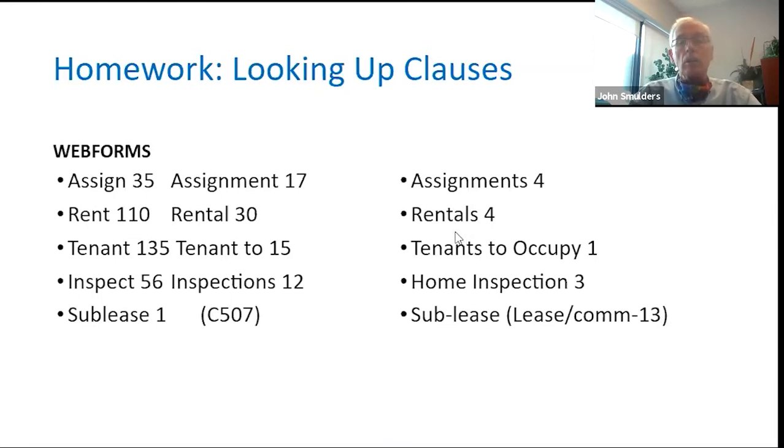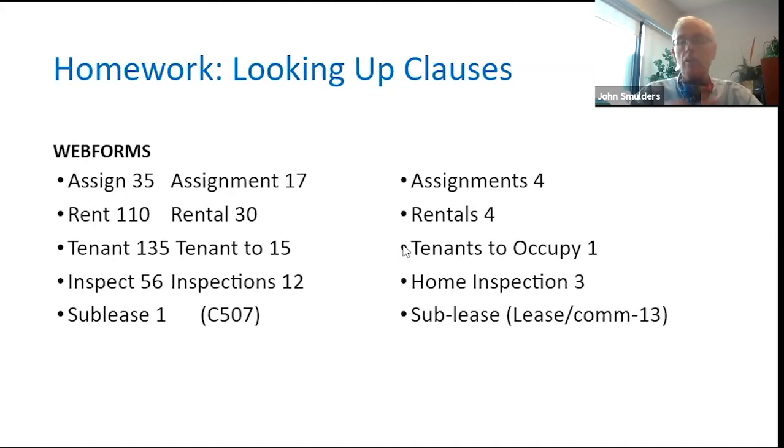The other one is rentals. You can certainly use rentals, or you can use tenants. But sometimes in the tenant clauses or rental clauses, it says that the tenant agrees to obey, not obey, but follow the rules of the Tenancy Act. Well, wait a sec. If you're in commercial, you would have to change that to the Commercial Tenancy Act.